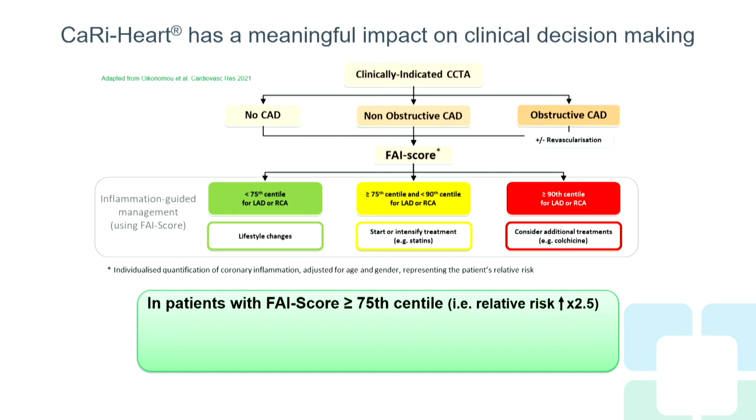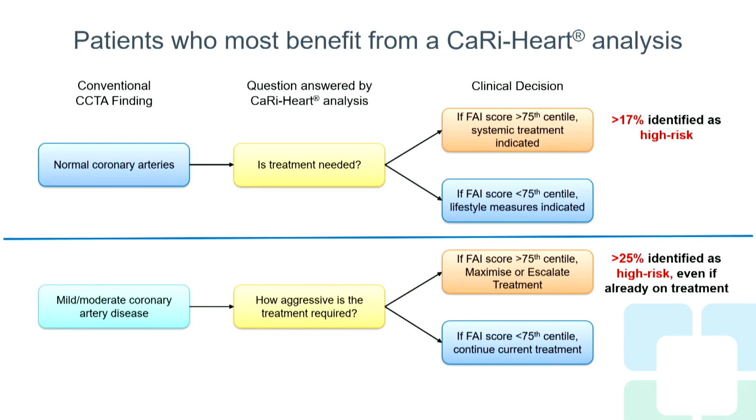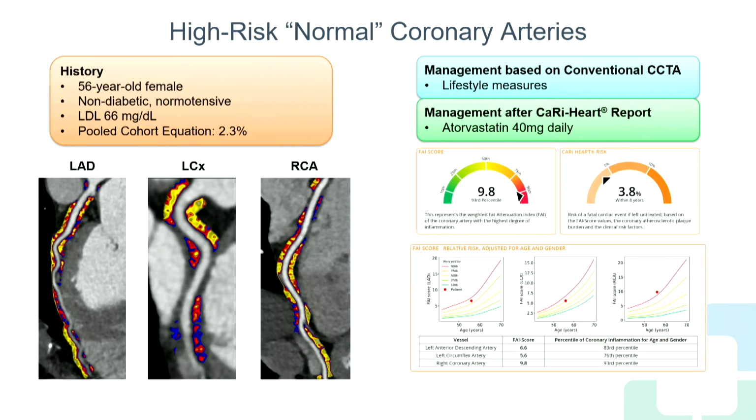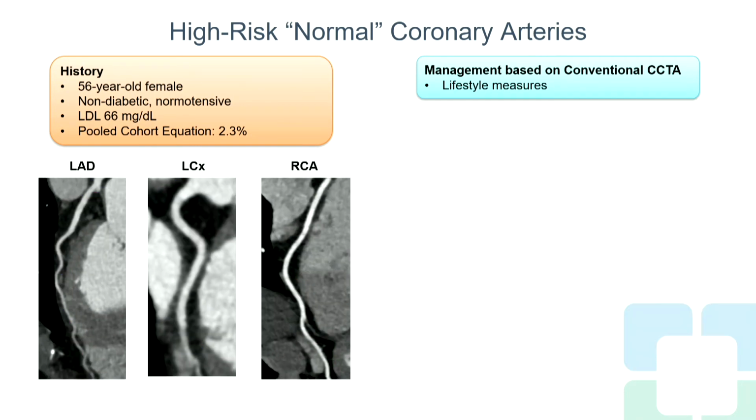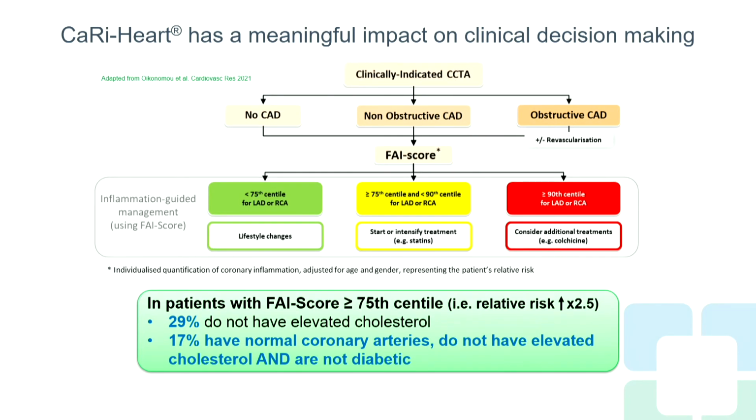So you have somebody with a clinically indicated coronary CT angiogram. Somebody with no CAD, and you proceed with an FAI score. If it is less than 75th percentile, lifestyle. Everybody needs lifestyle modifications.